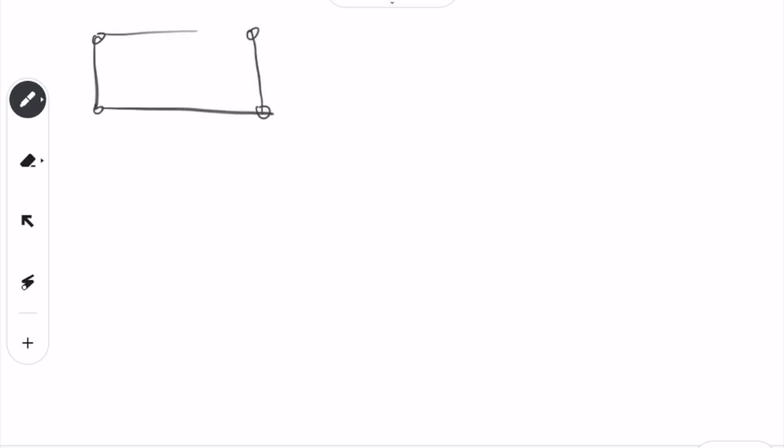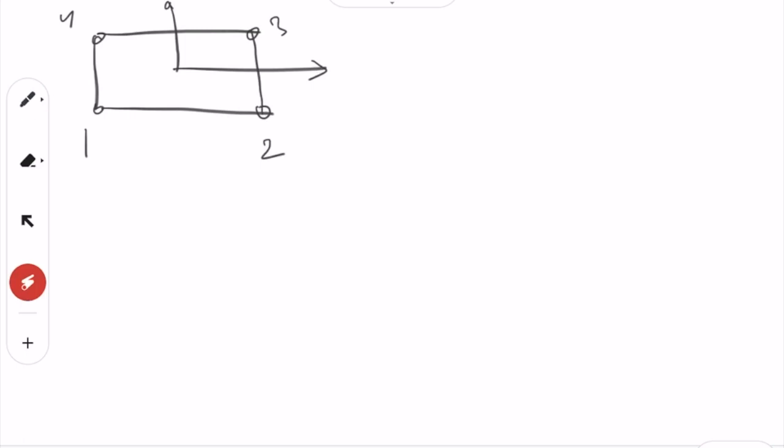Looking at this problem, this is a rectangle, so you can first write the node numbers, and we will place the origin in the middle so that it is easy to build the shape function. So here we can say this is -1, minus half.